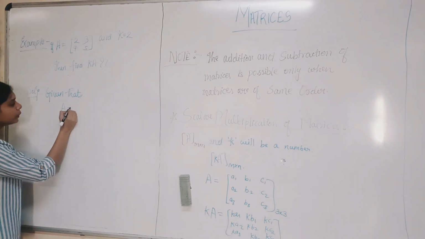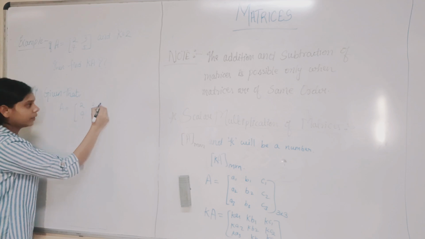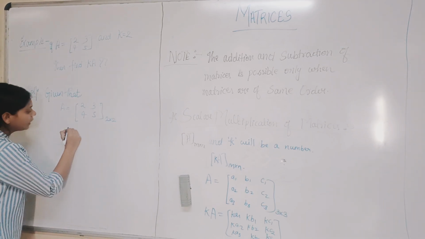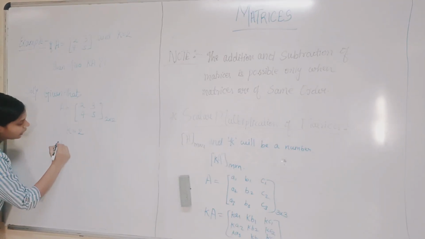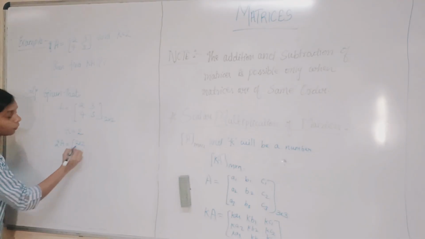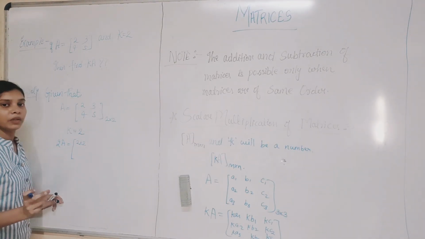Given that A is equal to 2, 3, 4 and 5. Right? This is a matrix of order 2 cross 2. Okay, and given k is equal to 2. Now 2A is equal to 2 into the matrix. We have to multiply this 2 by each and every element of that matrix.